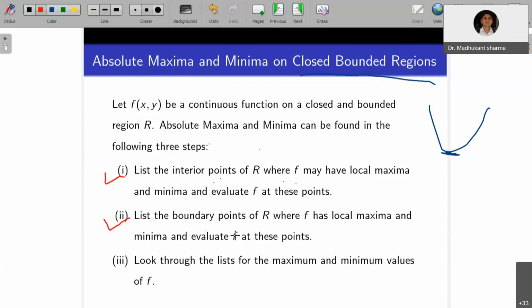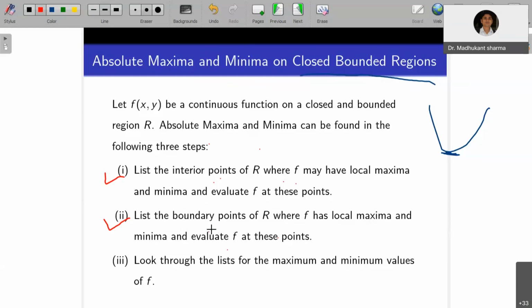So list all the boundary points of R where f has local maxima and minima, and evaluate f at those places. Again, you have to repeat the same story here. The only point is you have to look at the fence, or the boundaries, closely and try to identify the possible critical points, as you will soon know once we solve an example.